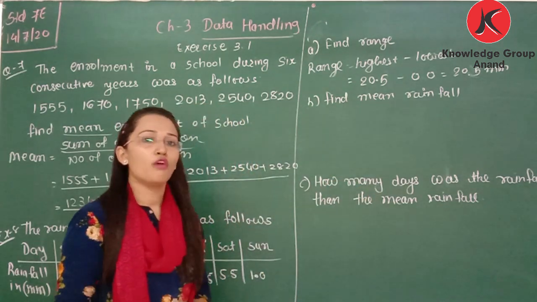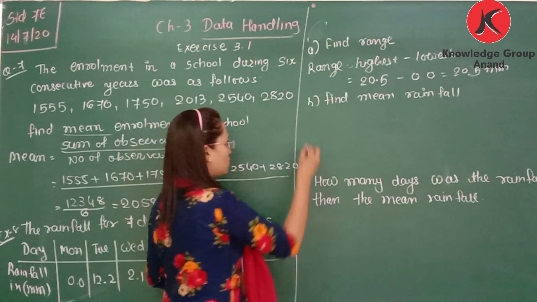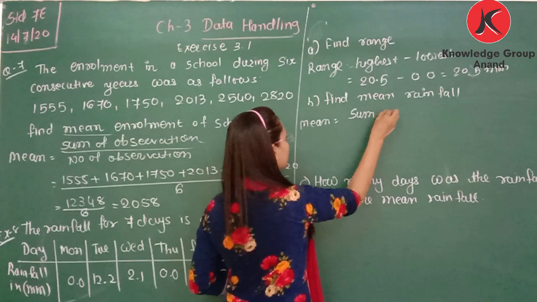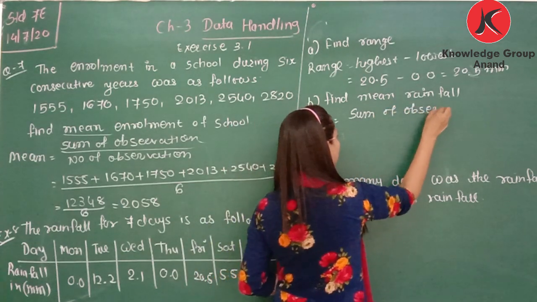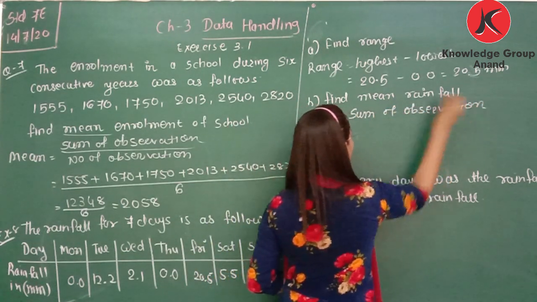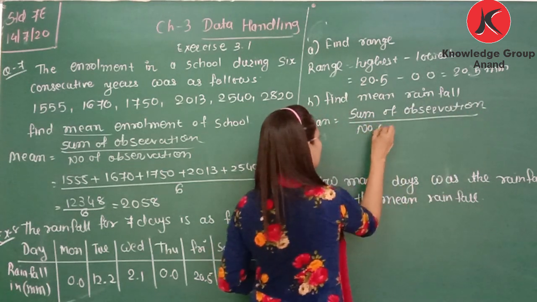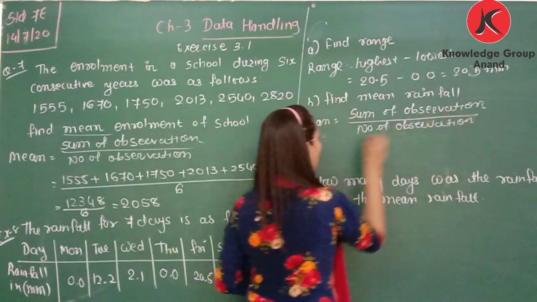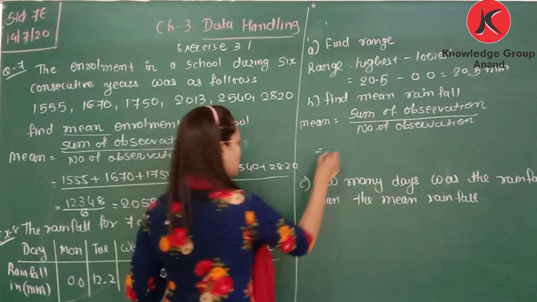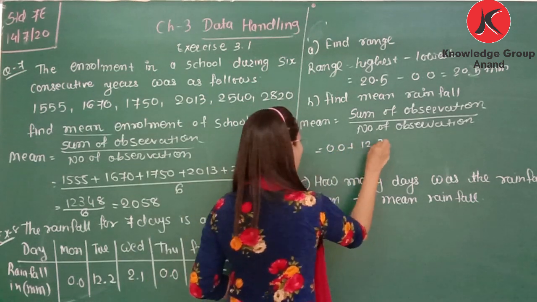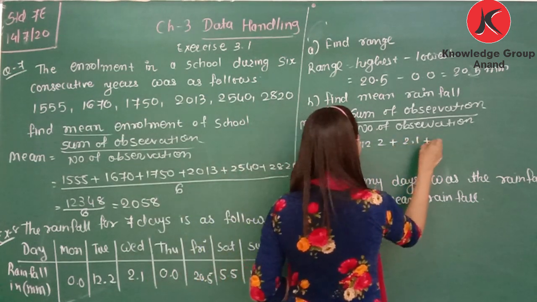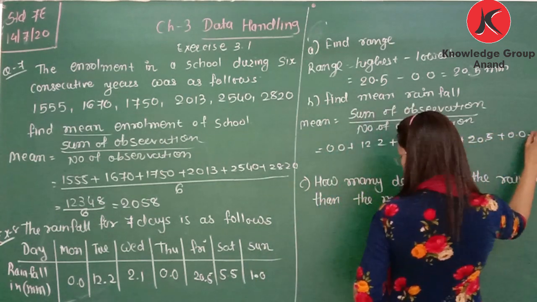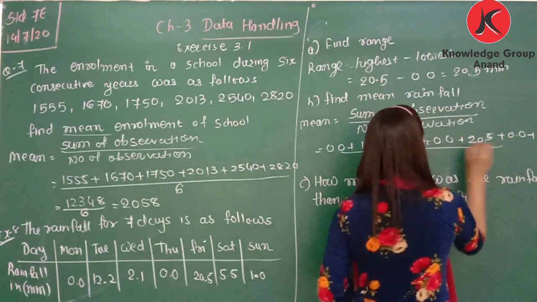Mean means sum of observations divided by total number of observations. So mean is equal to sum of observations divided by number of observations. So we will add all: 0.0 plus 12.2 plus 2.1 plus 0.0 plus 20.5 plus 5.5 plus 1.0, divided by 7.